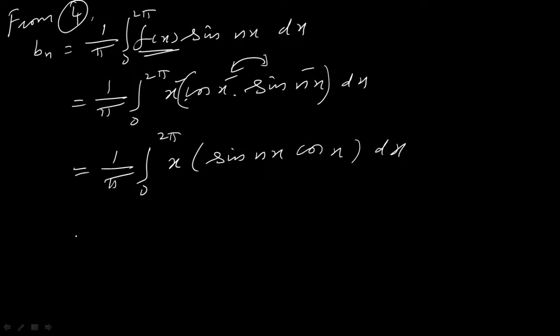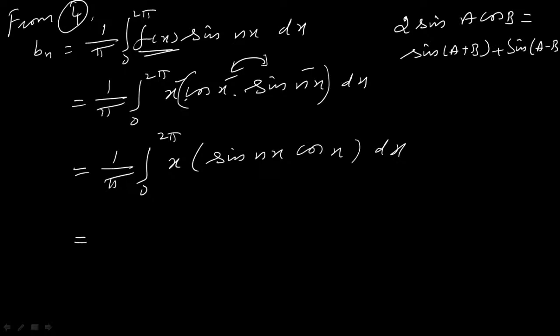Am I right? So in the next step, you know 2 sin a cos b. So you know the formula for 2 sin a cos b, that is equal to sin a plus b plus sin a minus b, right? So for that, here you don't have any 2.